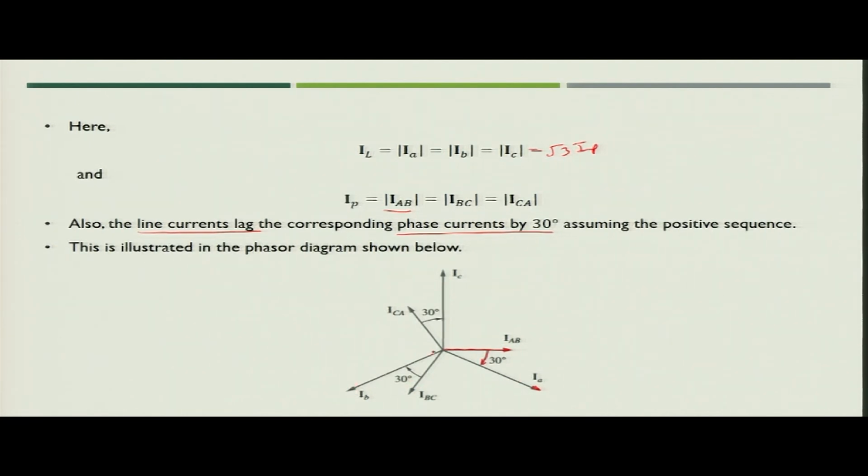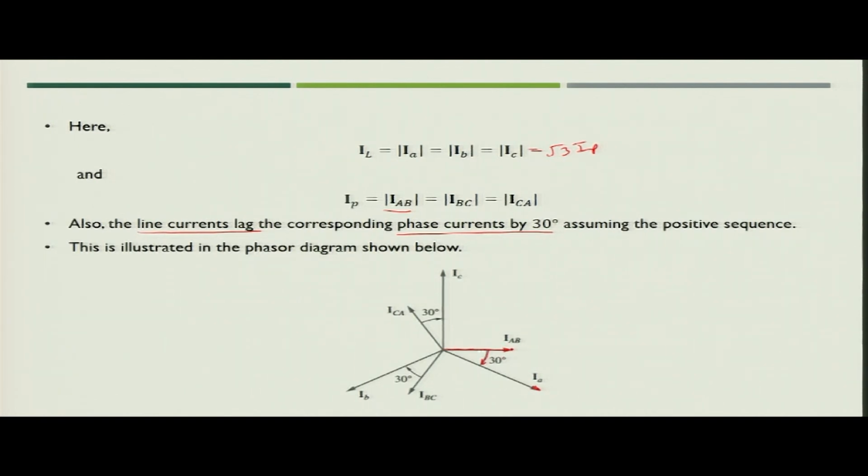Similarly, IB will be lagging by 30 degree from IBC, and IC will be lagging by 30 degree from ICA. So, this will give you an idea that how the current in case of delta connected will be having a relationship with respect to the phase currents.